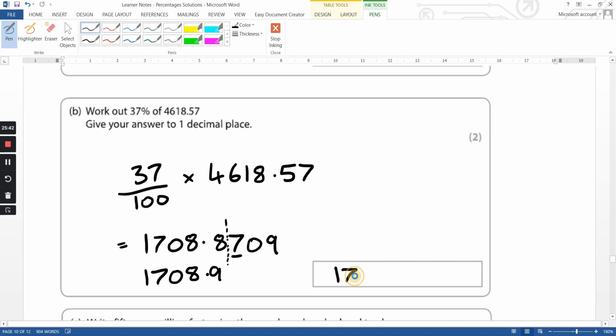So it's going to be 1708.9, and that's it. There's no units for this. Don't be tempted to put percentage. We've just worked out 37% of this, so it's an amount. Just put your number, and make sure you've got one decimal place for your answer, and that should be your final answer.